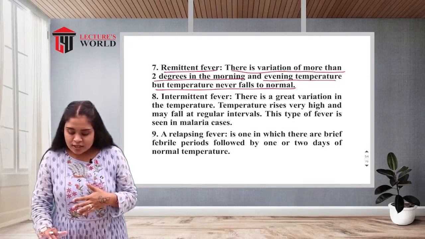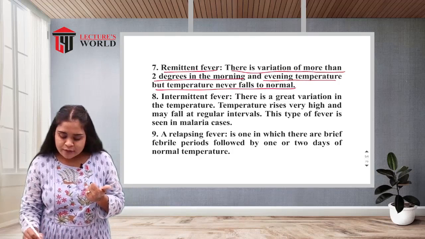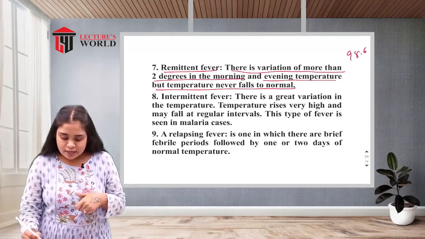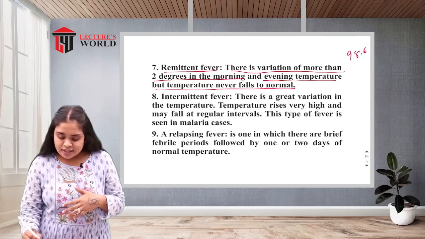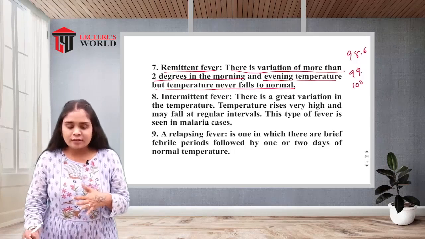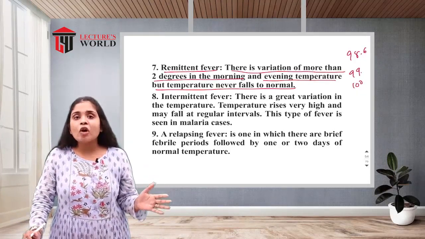If we take the morning temperature, maybe it was 98.6, but when we checked in the evening, it came to 99 or 100. You can consider that a remittent fever, but this will never come to the normal range of the temperature.